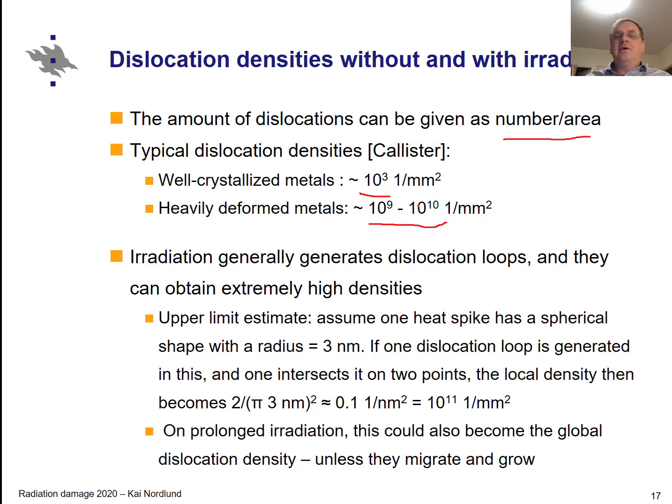And remember, with this nanometer size, this actually starts to be quite a large number of defects, even considered from the atomic scale. 1 millimeter squared would of course be 10 to the power of 12 nanometers squared. So you realize that for every 10 nanometers, you would have a dislocation line.